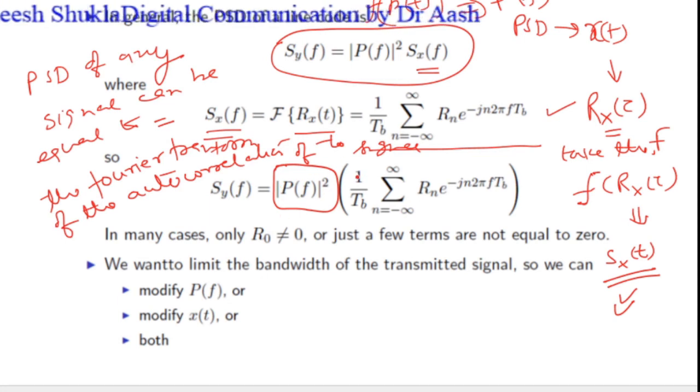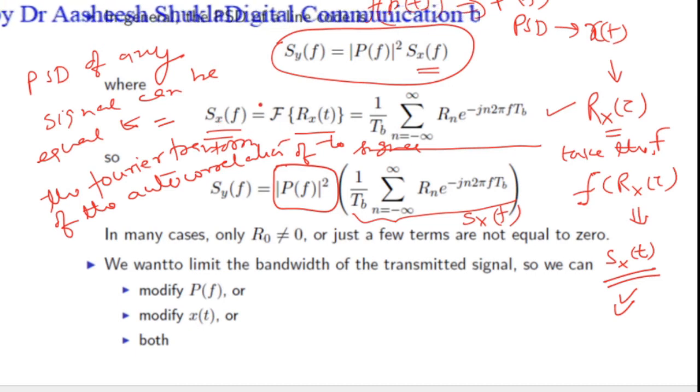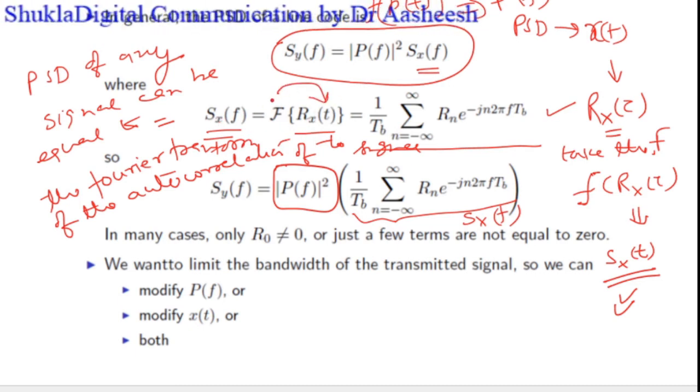So mod of P(f) squared into this factor, which is SX(f), and this we have to find out with the help of the Fourier transform of the autocorrelation function of signal xt, the signal which we want to transmit. So with the help of this, we can find out the value of SY(f).